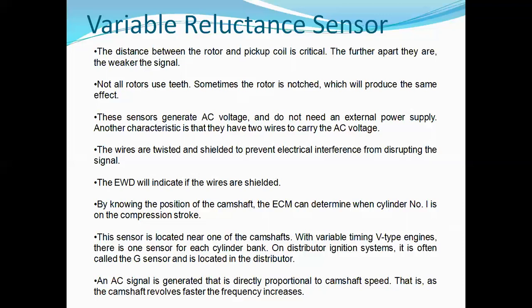And here, we know that it is positioned at the camshaft, and the ECM can determine the cylinder number and compression stroke. The AC signals generated are directly proportional to the camshaft speed.